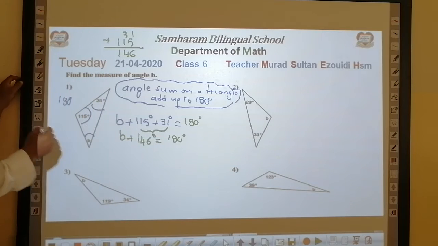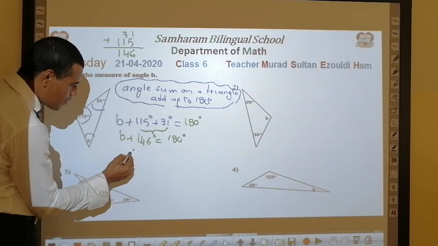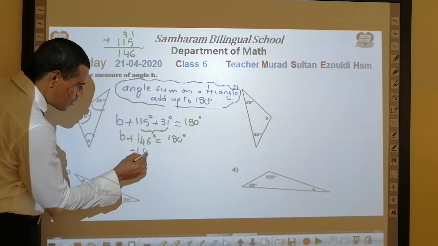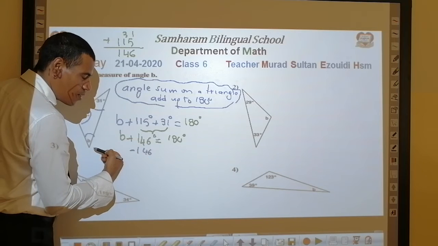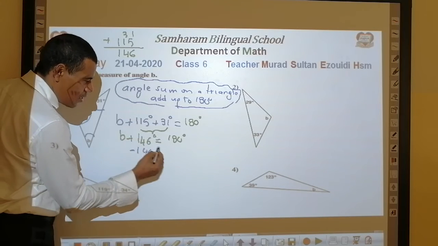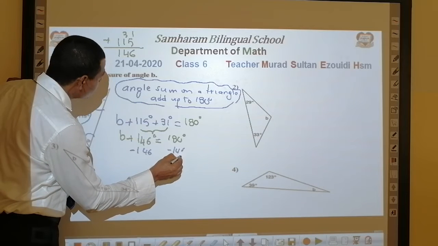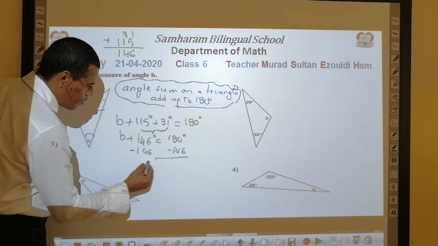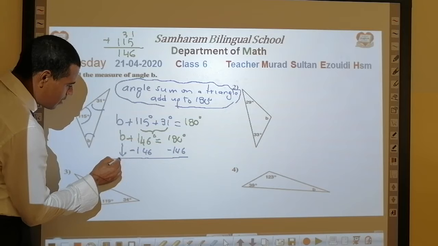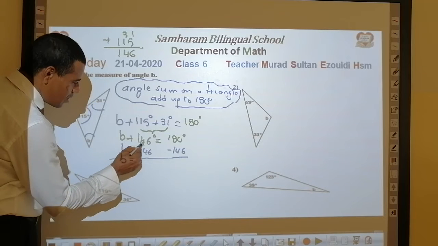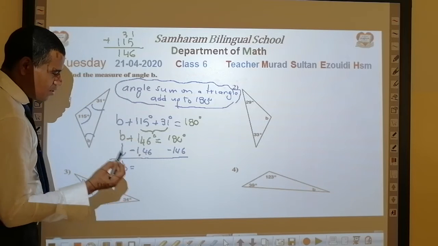Now my kids, I will subtract 146 from the left hand side and 146 from the right. So B equals, this is 146 minus 146 is 0.